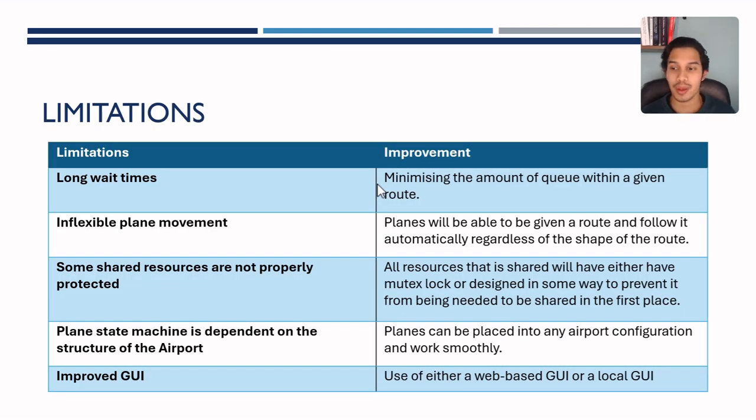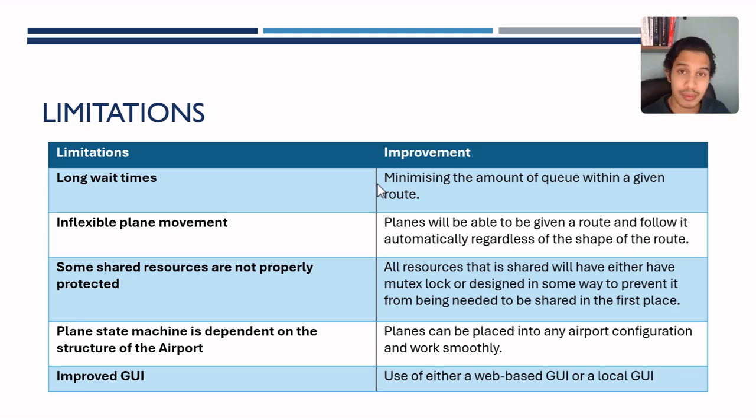Now we're at the end, where I must admit that this is a very simplistic view of airport management, and a lot can be done to improve it so it can accurately replicate real-life airports. Some of the current limitations of the program are as follows.